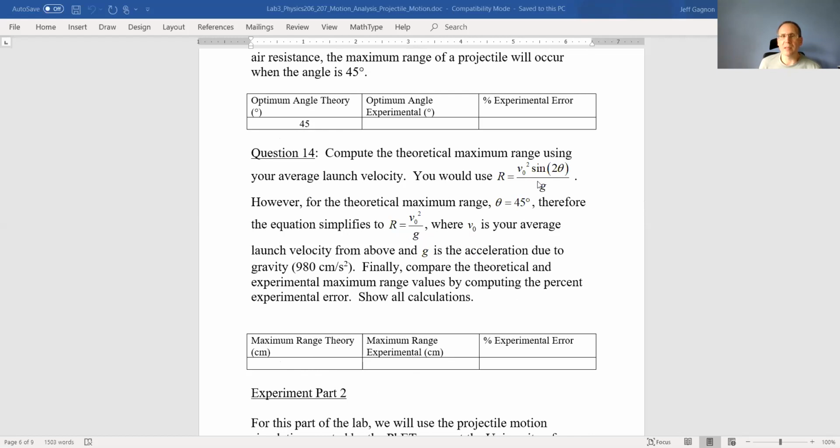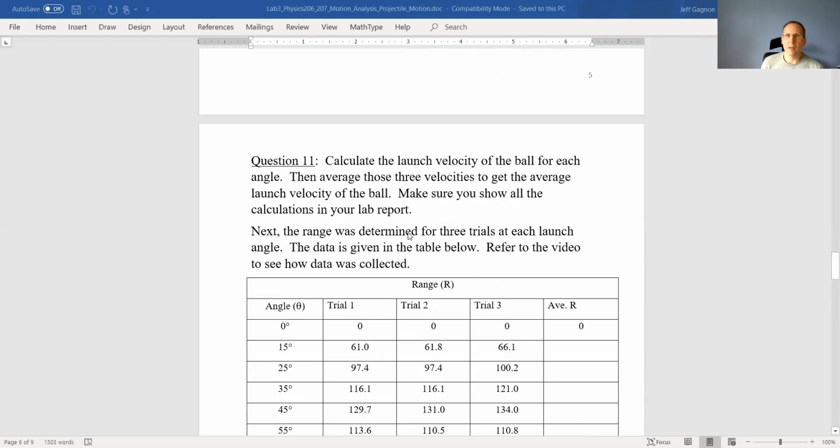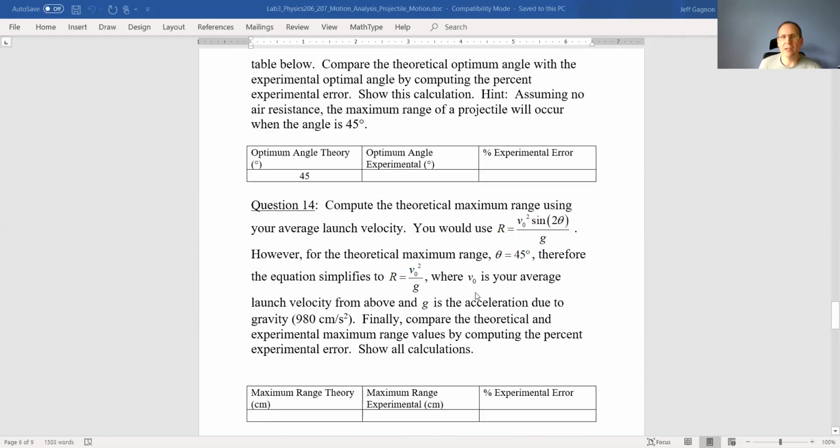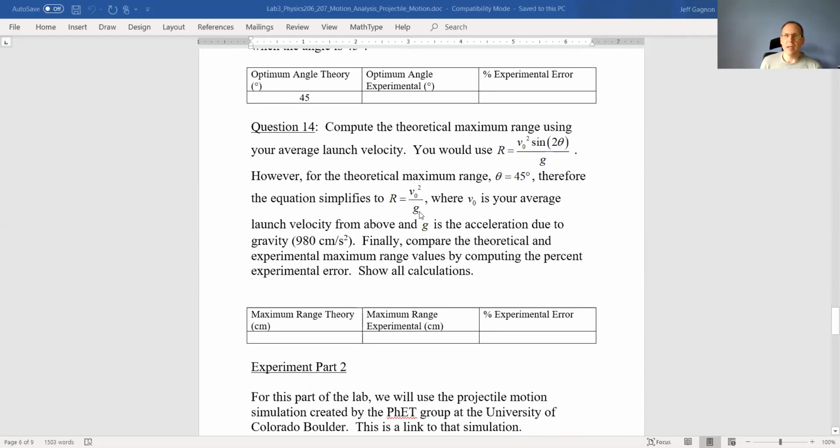So this formula simplifies to the maximum range theory equals V naught squared over g. V naught is your launch velocity. Whatever you got for your average up here, you plug in that value, square it, and then g is 980, so you divide by 980. That would be your maximum range theory.